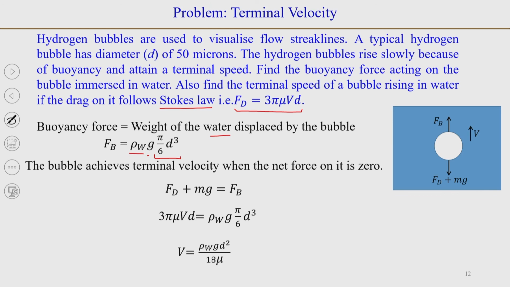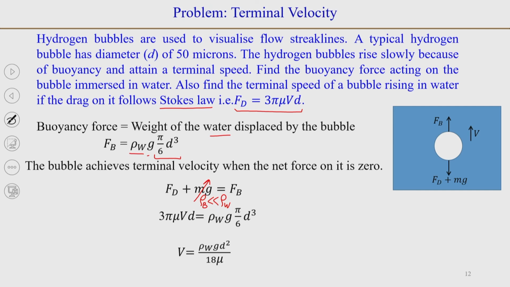The bubble will achieve a terminal velocity if these forces are equal, because we can neglect the weight, since ρ of bubble, or ρ of hydrogen, is very small compared to that of water, about 3 orders of magnitude smaller.